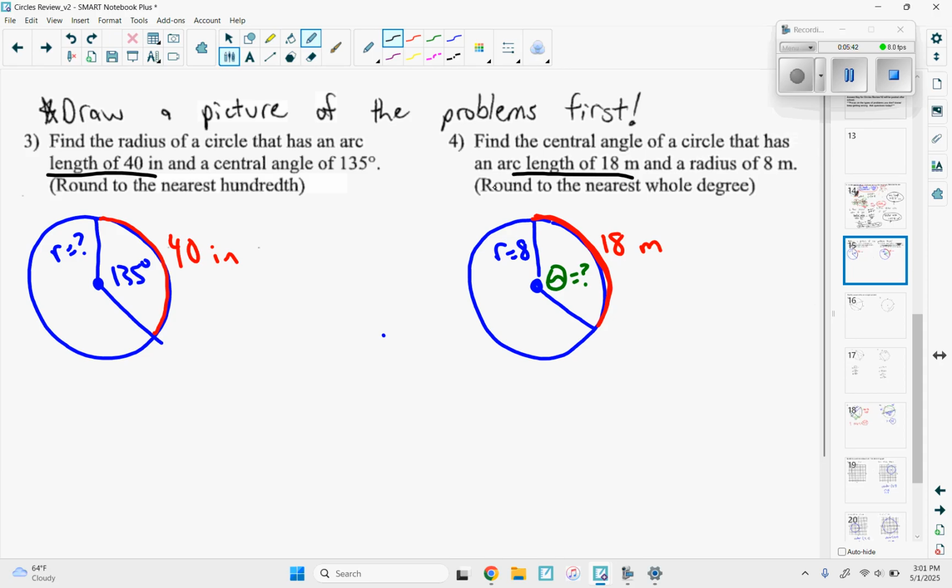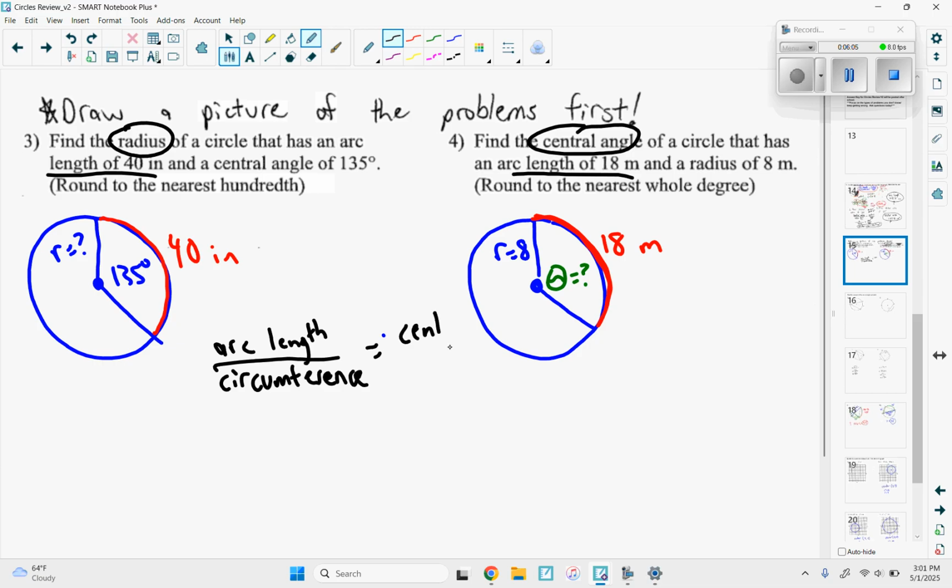And so if you're given an arc length and you're trying to find a missing radius or central angle, you're still going to use that proportion, which again is arc length over your circumference equal to your central angle over 360 degrees.